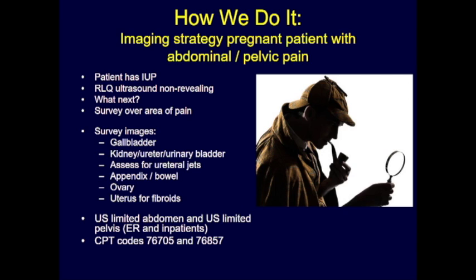And we did this because we saw too many patients with these negative appendix ultrasounds then go on to get an MRI of the abdomen and pelvis, and they were found to have pyelonephritis or acute cholecystitis or an obstructing calculus. So we thought, why not do some additional survey images while we have them in ultrasound and really add value and make the diagnosis the first time around.